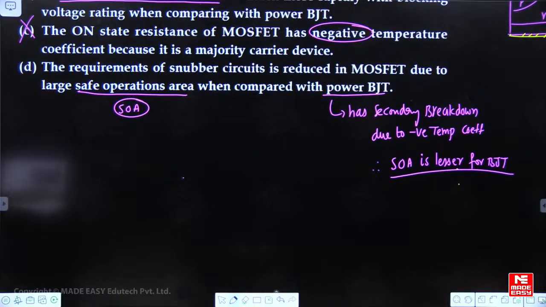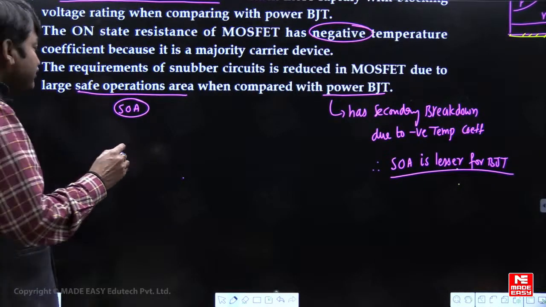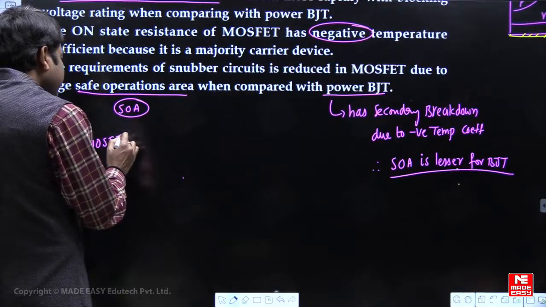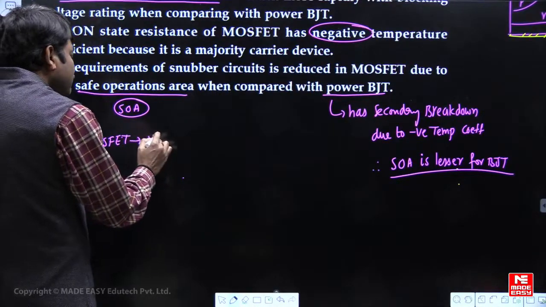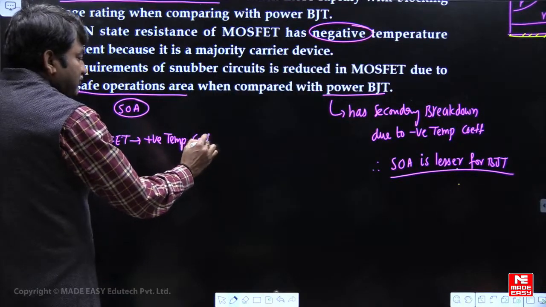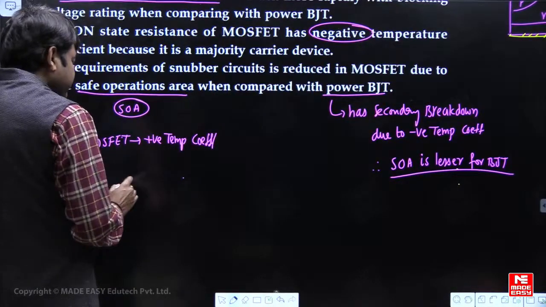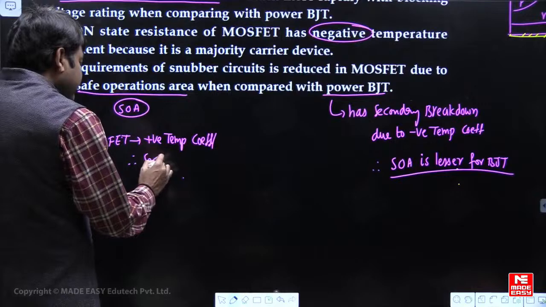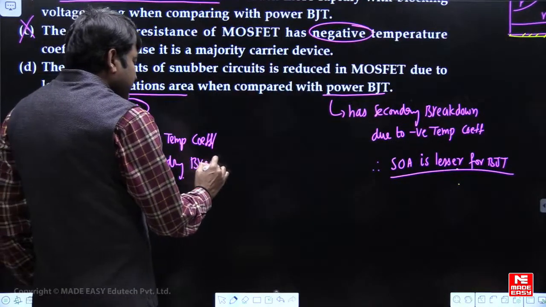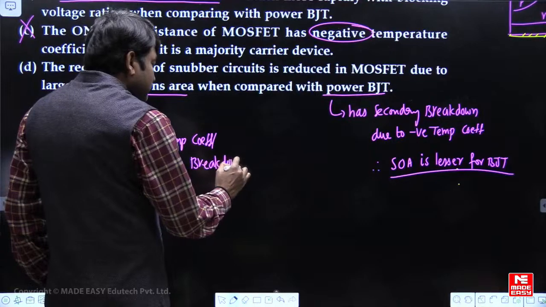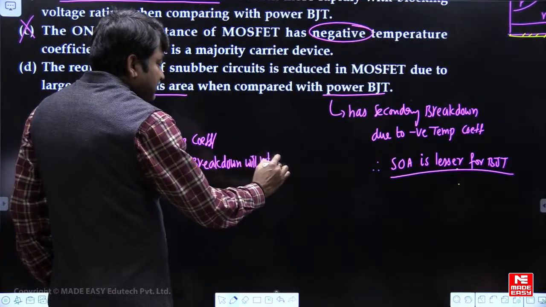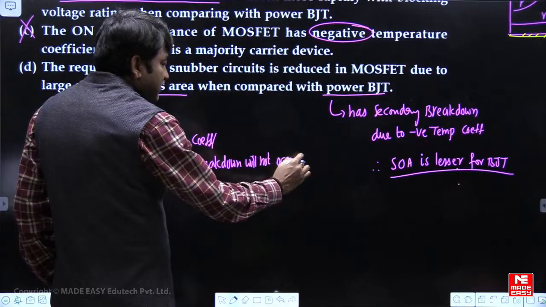But MOSFET is having positive temperature coefficient for on-state resistance. So therefore secondary breakdown will not occur.